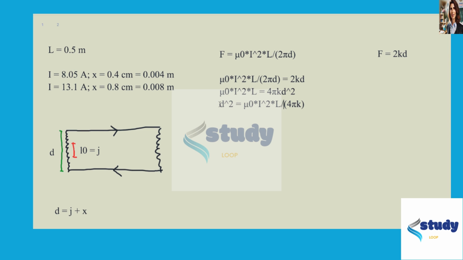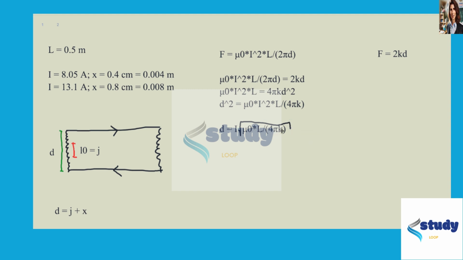Now if we want to solve for d, we need to take the square root of both sides. When we take the square root of the right side, we see we have an I squared, so we can pull one factor of I out, and we'll be left with this. I'm going to draw the square root right here, around this whole thing.